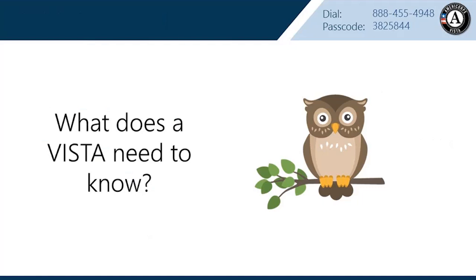The more information the VISTA member has, the more likely the member is going to be able to perform those activities necessary to reach their project goals and address the community needs. At the same time, you want to make sure you don't overwhelm the member with too many facts and details, only what he or she will need to get started. Training and learning is an expectation of the entire year, not just prior to and during OSAT. So you've got an entire year.